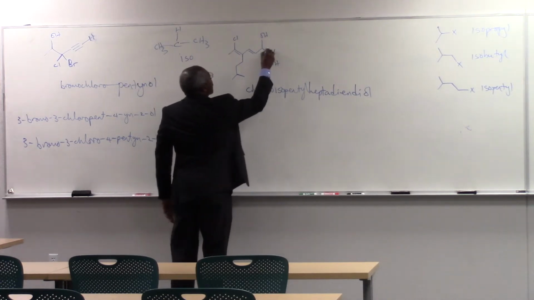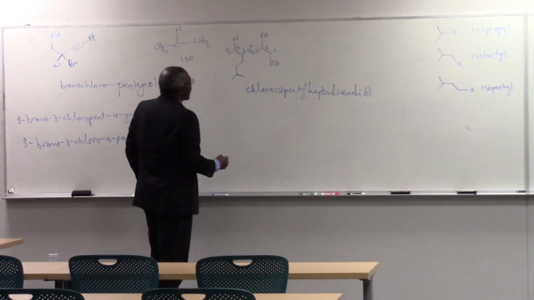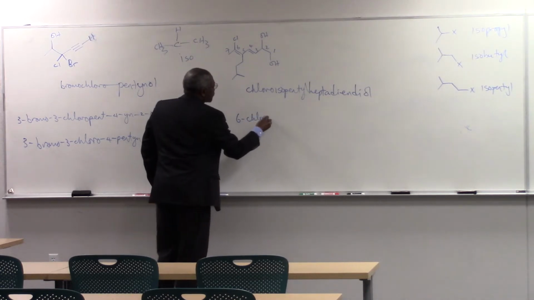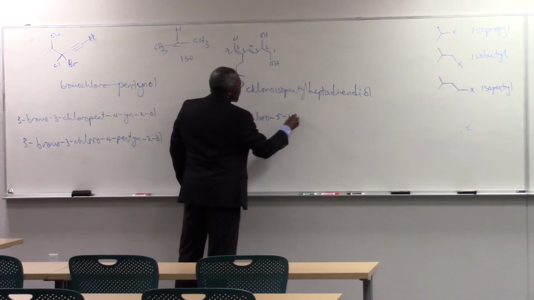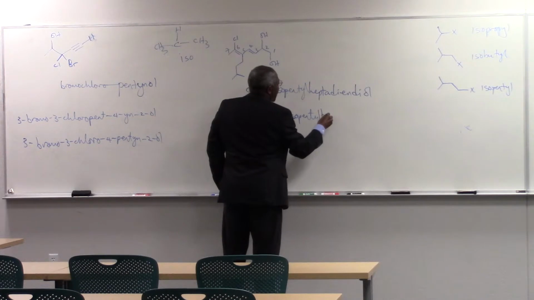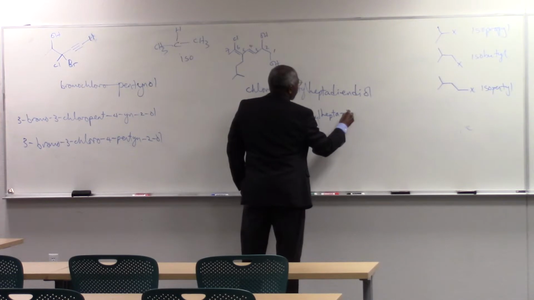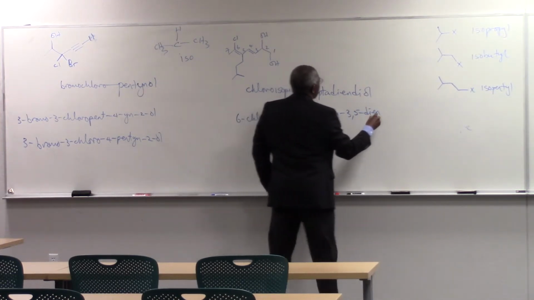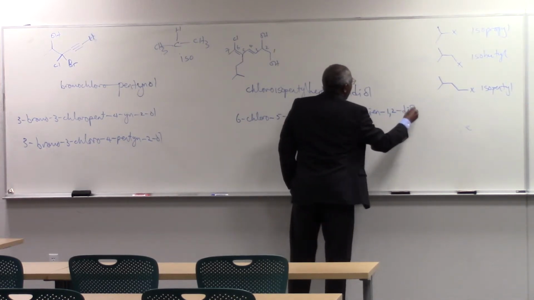So this becomes 1, 2, 3, 4, 5, 6, 7, and this will therefore be 6-chloro, 5-isopentyl, hepta, 3,5-diene, 1,2-diol.